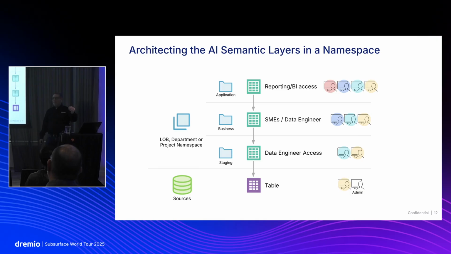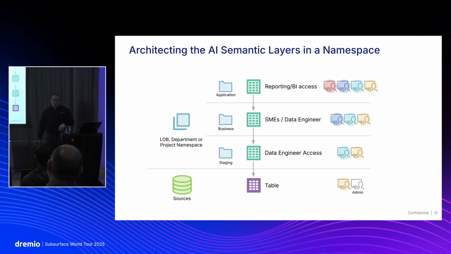You just change the staging layer, and the views that are using that same staging layer are going to automatically use the new data source, and users, applications, agents are none the wiser, right? You're just plugging and playing a different data source in there.